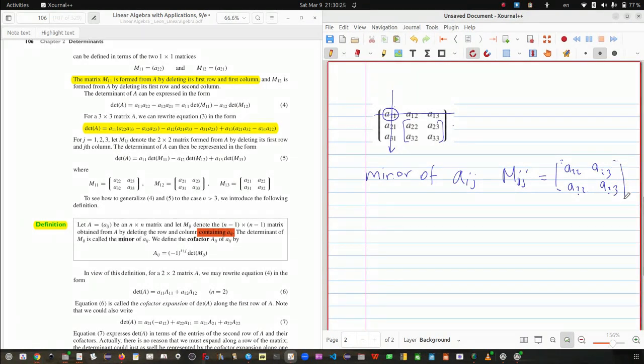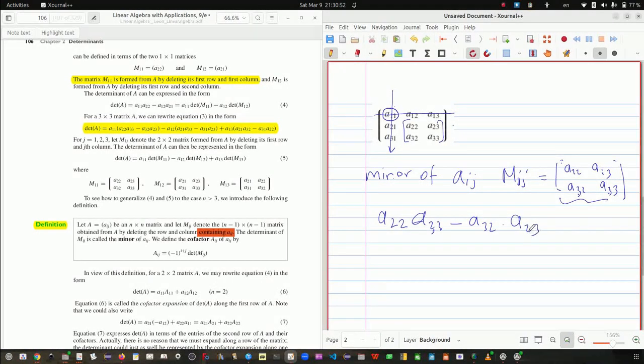So this is the minor. And the determinant of this one is the minor actually. So the determinant of this one, from the above definition, is A22 times A33 minus A32 times A23. We are not able to see it.